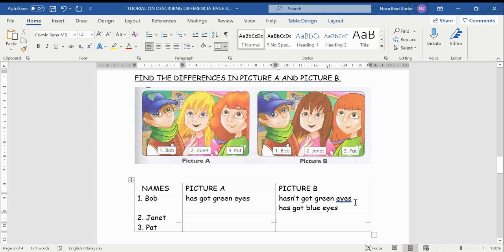Here we don't have to do that, because we don't want to write very long sentences. It's important for you to know how to differentiate and describe the differences. How are you going to describe the differences? By writing sentences which refute the other sentence. So this is the way.